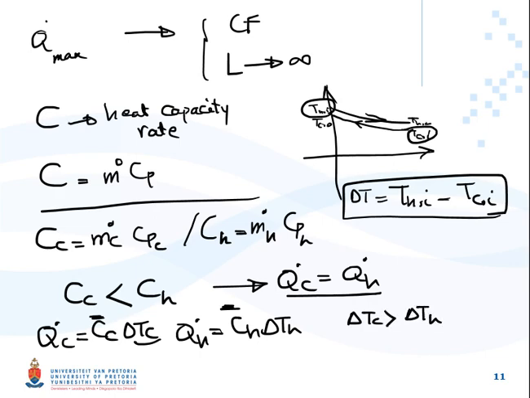It's very simple. Am I right? Why? Because we are saying here that the heat capacity rate of hot fluid is higher than the heat capacity rate of cold fluid. So in order to achieve this equilibrium, we need to have a higher temperature difference in the cold fluid.